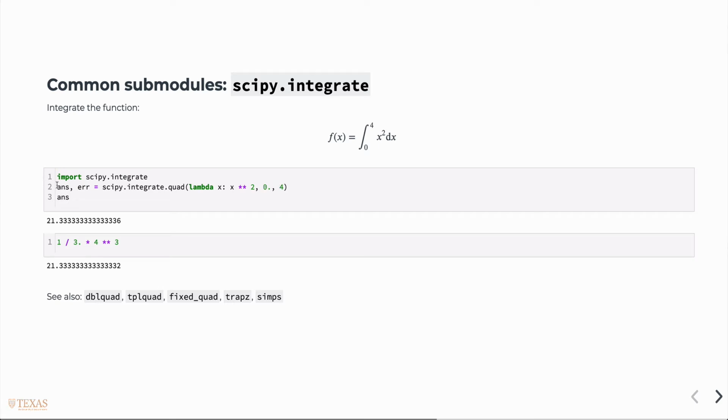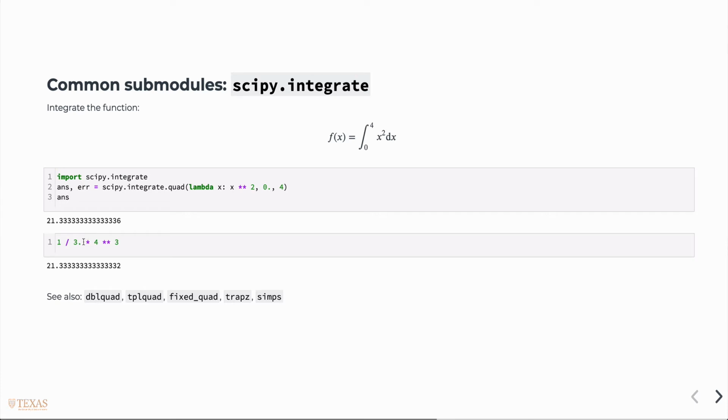This returns two things, an answer and an estimation of the error. And in this case, it's 21 1/3, essentially to computer machine precision. And we can evaluate the integral in closed form. Again, we know this is 1/3 x cubed evaluated at 4, which we have here. The evaluation at 0 results in 0.